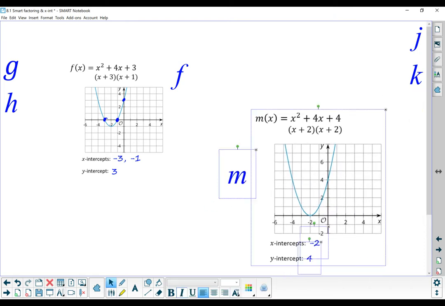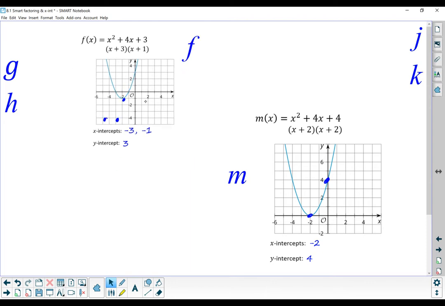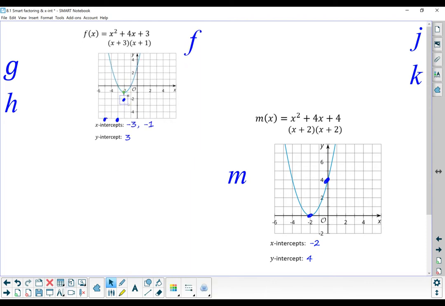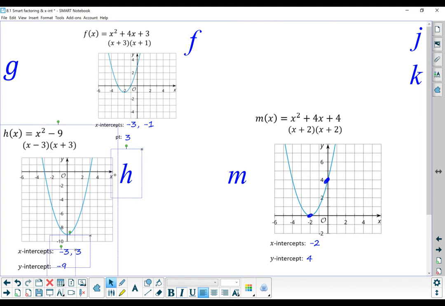This one has a y-intercept of 4 and an x-intercept of -2. So on your paper, you have 6 of these, but I'm just going to pull out a few.